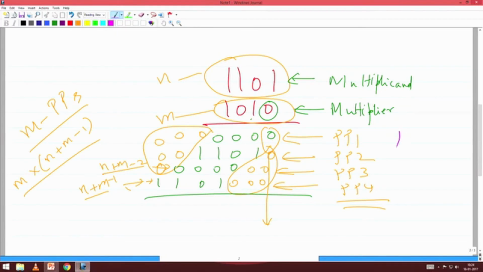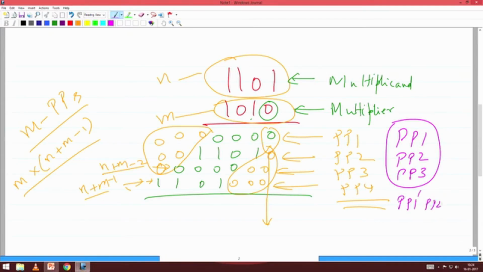I can take the first PP1, PP2 and PP3, and I will generate 2 numbers, say PP1 dash and PP2 dash. This PP1 dash and PP2 dash I will take and add it with PP4 to generate another 2 numbers, namely PP1 double dash and PP2 double dash, and these 2 I can use a carry lookahead adder.